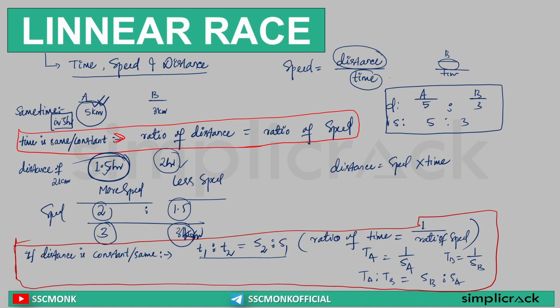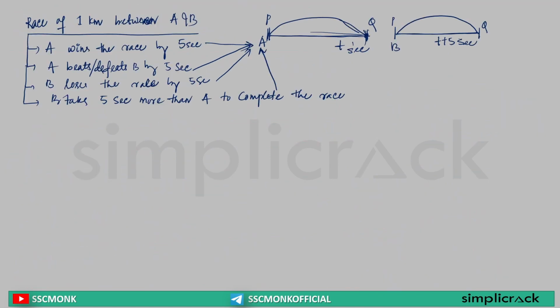T1 by T2 is equal to the reciprocal of speed ratio. That means if the time ratio is T is to T plus 5, then the speed ratio here will be T plus 5 is to T, because it is the reciprocal of time. Yes or no? Tell me.